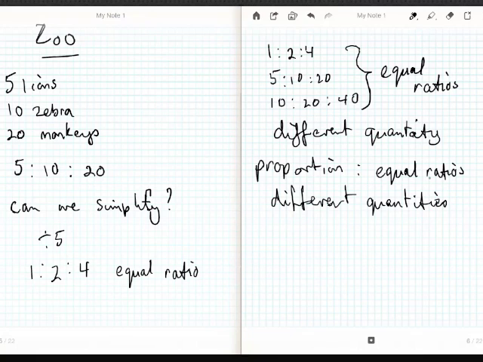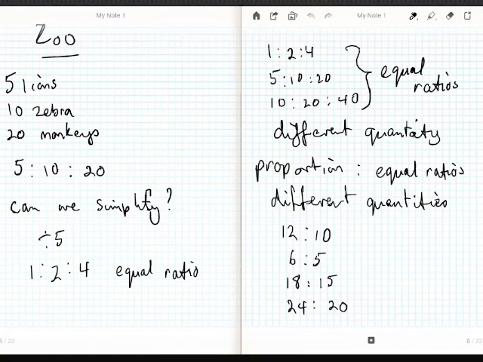Now, an example, if we use our class from before, where we had 12 boys and we had 10 girls, we could say that that ratio could be 6 to 5, which we worked out before. It could also be 18 to 15, and it could also be 24 to 20. The same ratio, but with different quantities.